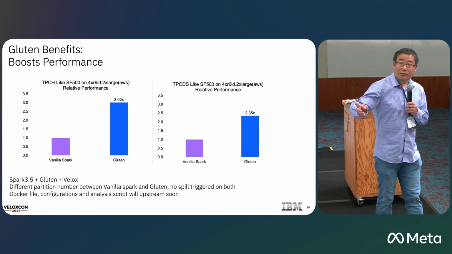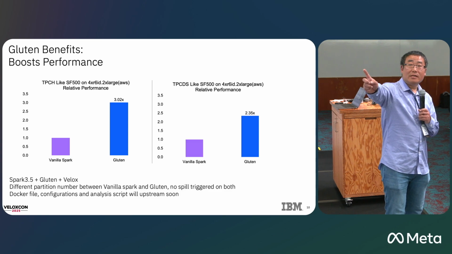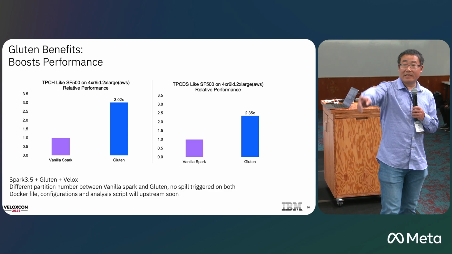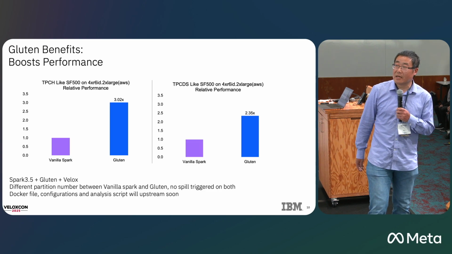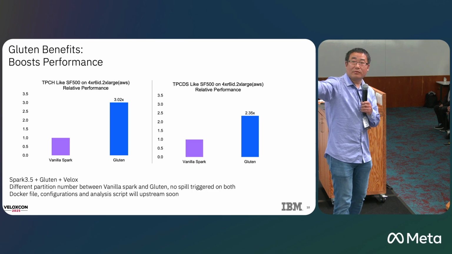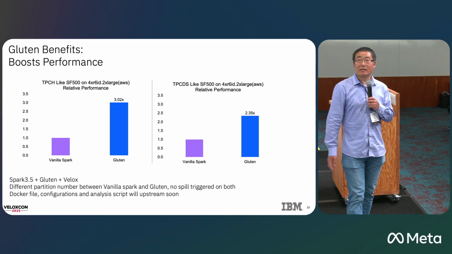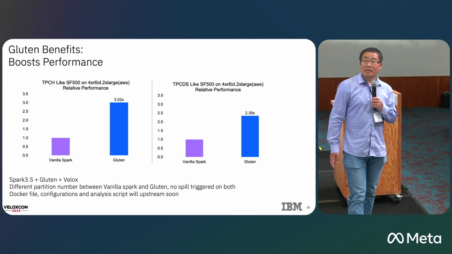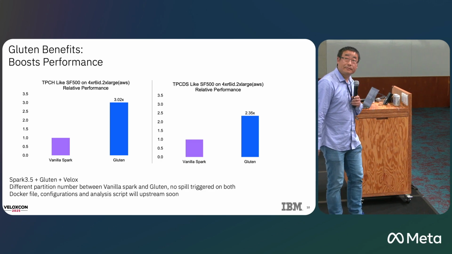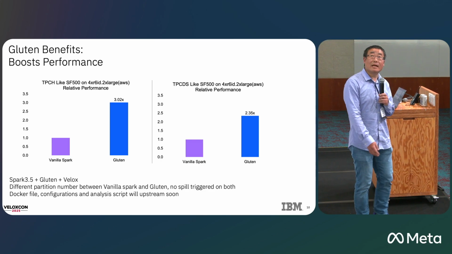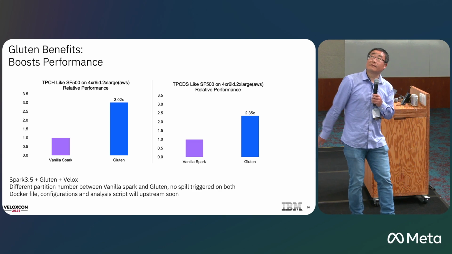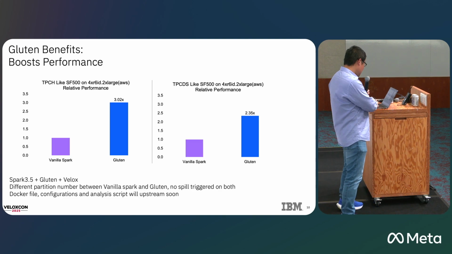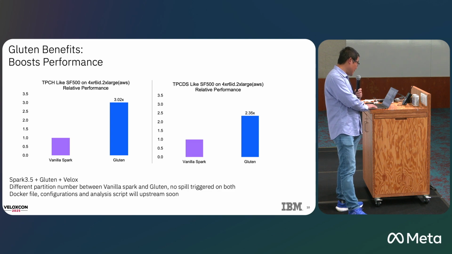One thing to highlight is that in vanilla Spark and Gluten, we use different partition numbers. We use a partition number 2 or 4 times bigger in vanilla Spark than in Gluten to keep spill from being triggered on both. So in this test there is no spill for either vanilla Spark or Gluten. Gluten is 3 times better on TPC-H, and on TPC-DS it is 2.53 times. This was tested on Spark 3.5.